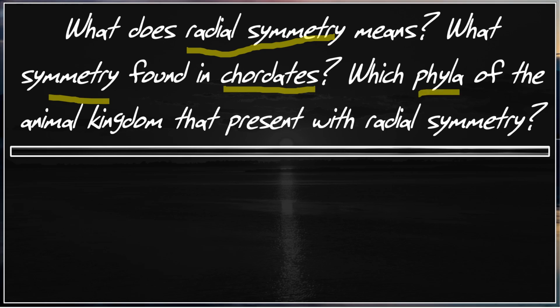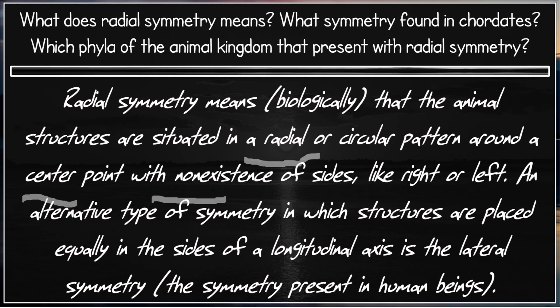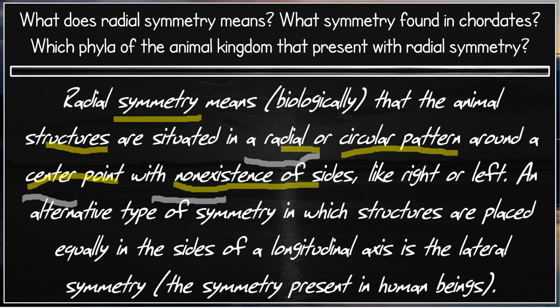Which phyla of the animal kingdom present radial symmetry? Radial symmetry means biologically that the animal structures are situated in a radial or circular pattern around a center point with no existence of sides like right or left.